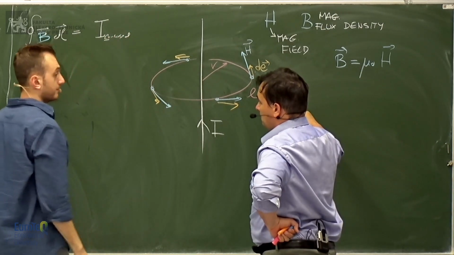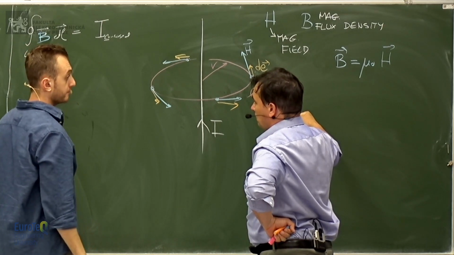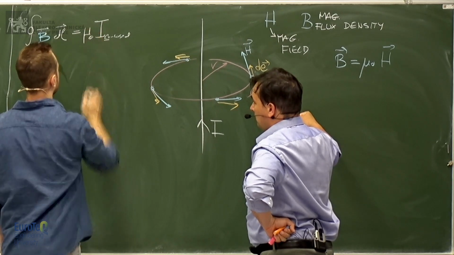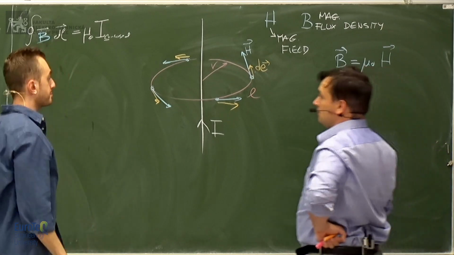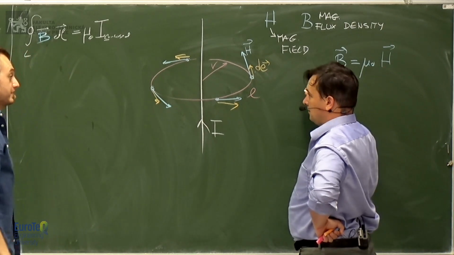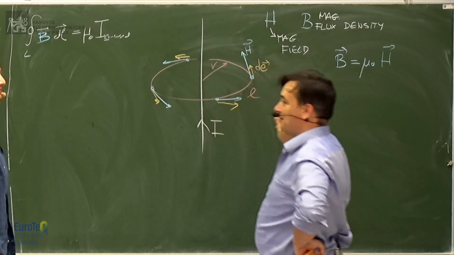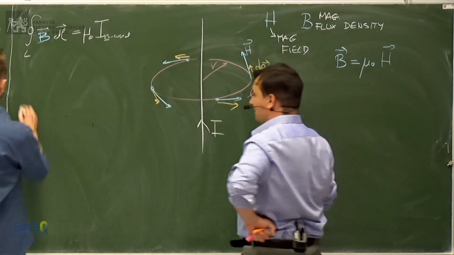And then there's the magnetic permeability, mu, in this case mu 0, which is 4 pi 10 to the minus 7. The unit is Henry per meter.